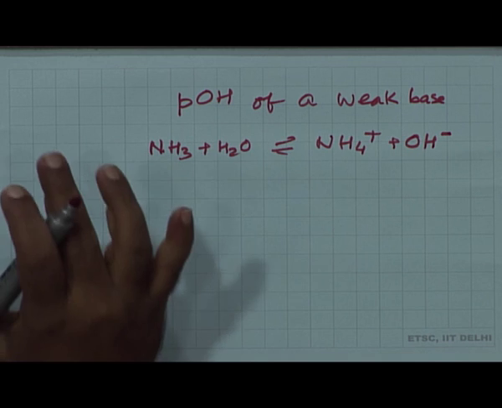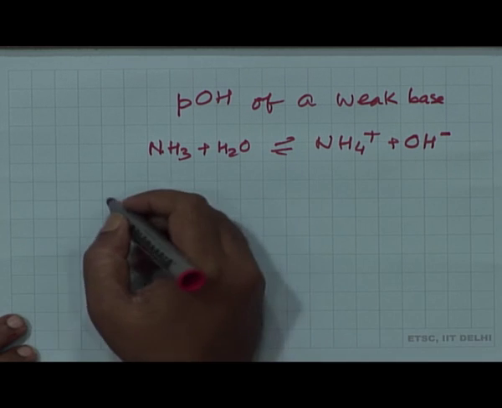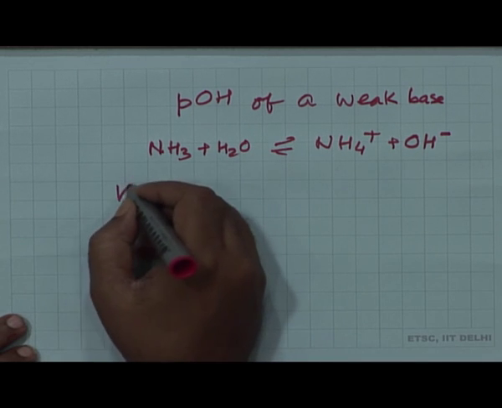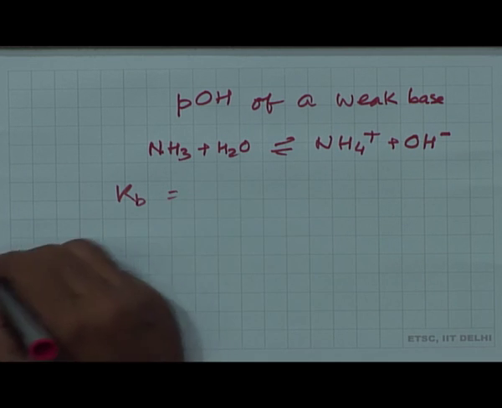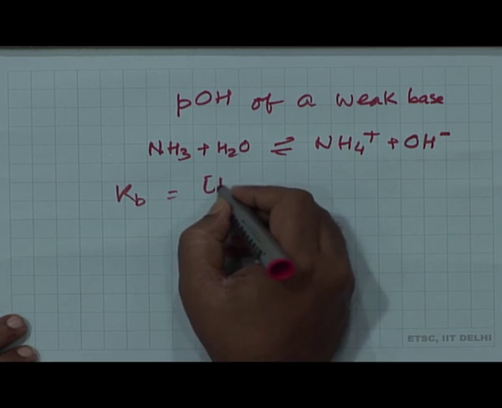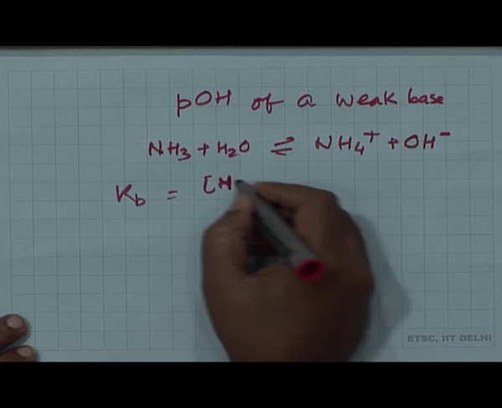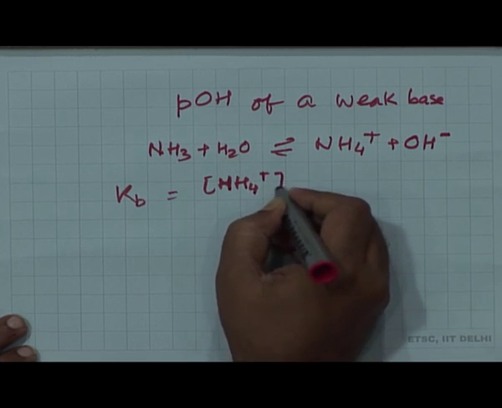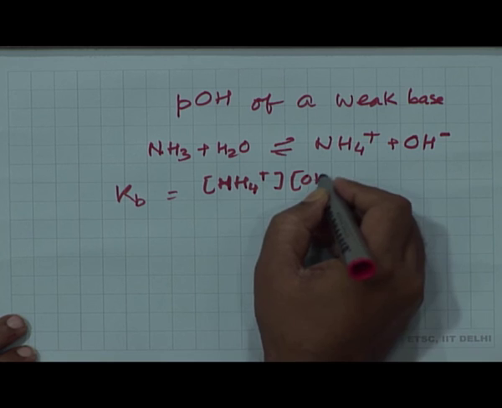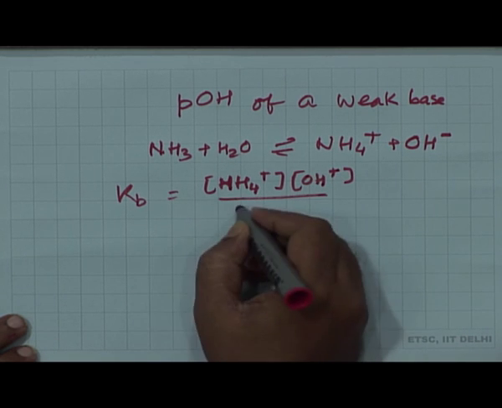So, pOH of a weak base is given by Kb is equal to NH4 plus into OH minus divided by ammonia.